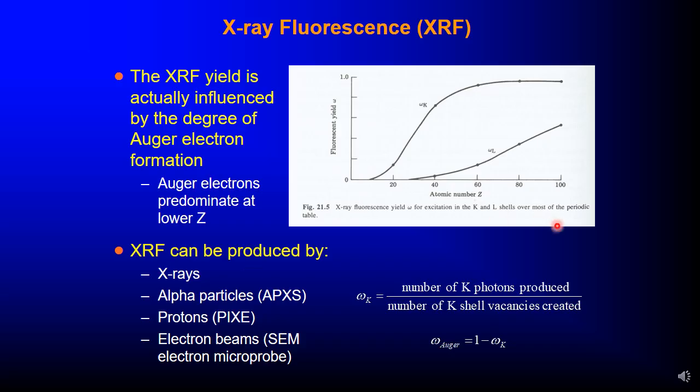You can see atomic number here, which is always denoted as Z. X-ray fluorescence can be produced by X-rays, alpha particles, photons, and electron beams, like in scanning electron microscopy. So you can see the effect of Auger.